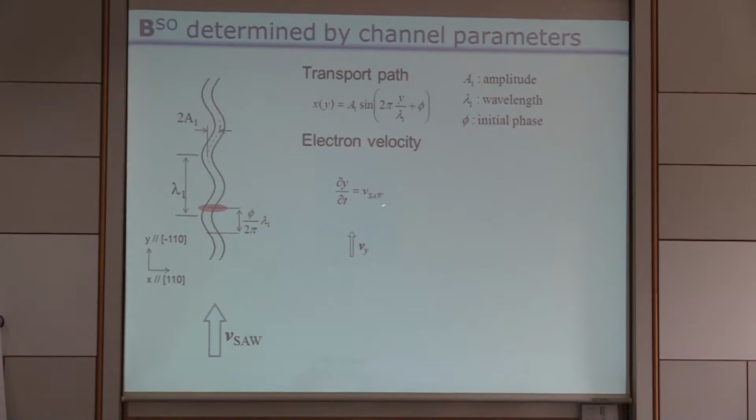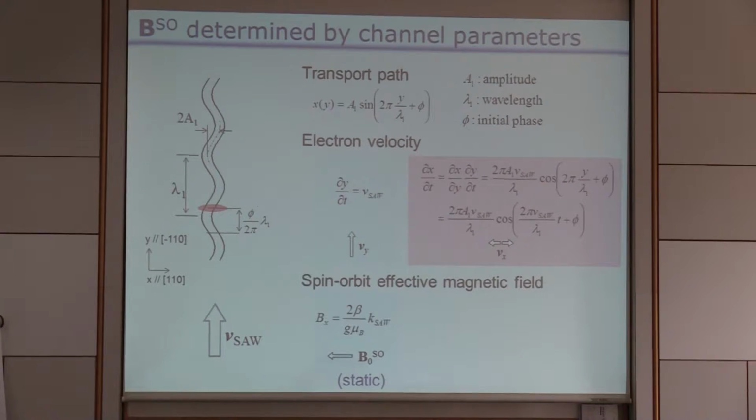So Vy is the acoustic velocity, and Vx is determined by these parameters and oscillates with time. This static velocity induces the static effective magnetic field along this direction, and the oscillating velocity along the x-axis induces the oscillating magnetic field along the y direction.